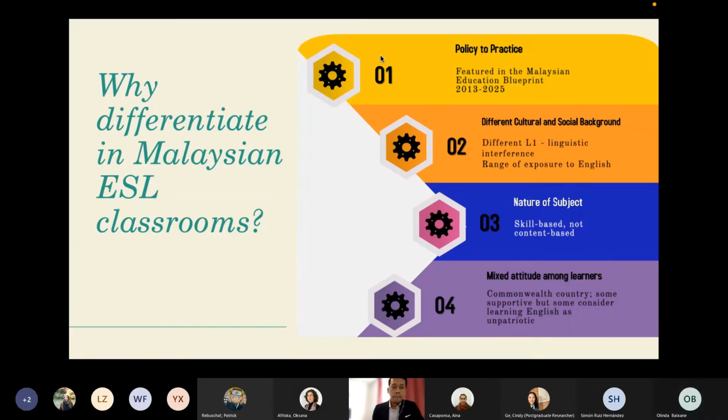So as a member of the Commonwealth countries, Malaysia has accorded status of English as a second language in the country. We call it a second language in the country, but by definition, what the Curriculum Development Center means is that it's the second most important language in the country. But in terms of use and proficiency among language users, it's not always the case. To some, it is a foreign language.